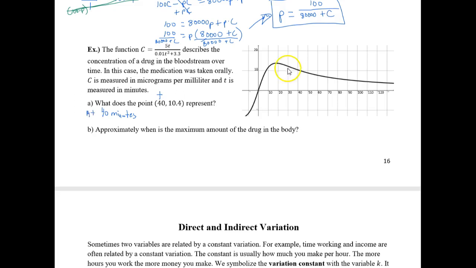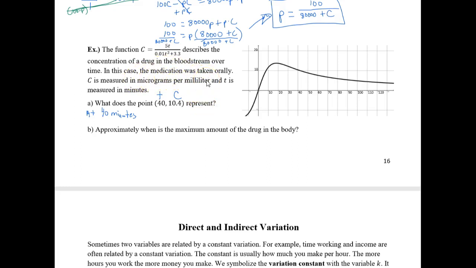So the second part of our coordinate is the dependent variable. So depending on what we put in here, it's going to affect the output. In this case, the output is C. I plug in values of T, I get out values of C. And C was in micrograms per milliliter.